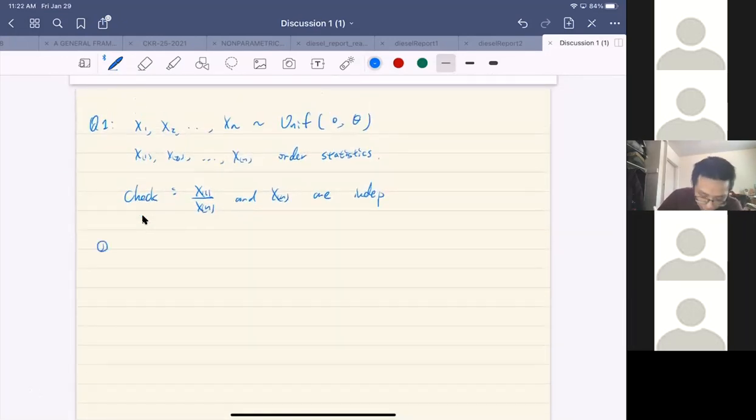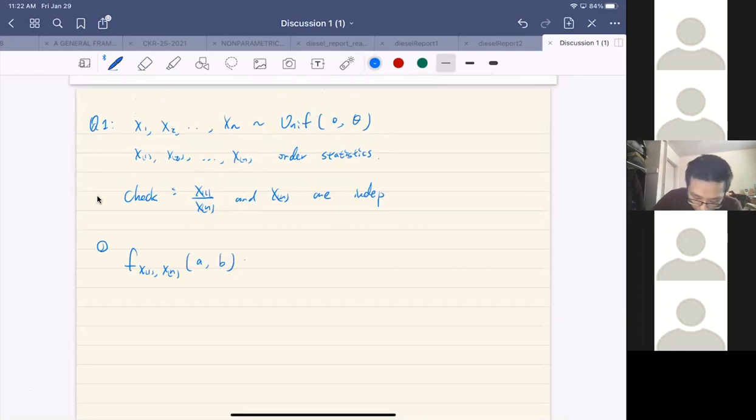Okay, the first step, we want to find the joint distribution of S1 and Sn, for a and b.